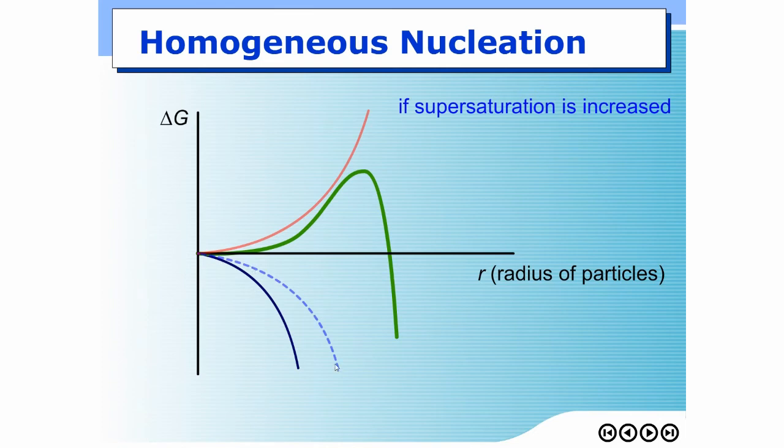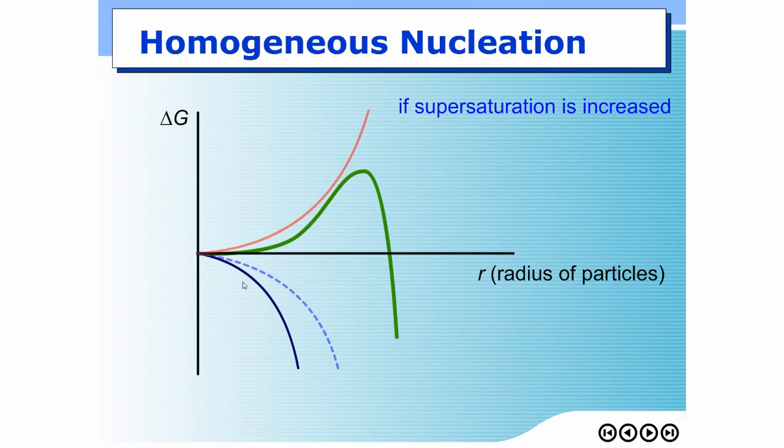The dotted line occurs when you have low level of supersaturation. The solid line here occurs when we have high level of supersaturation. The higher the supersaturation level, the more this function goes to the left-hand side. In other words, the function goes down as quickly as possible with respect to R, the size of R.